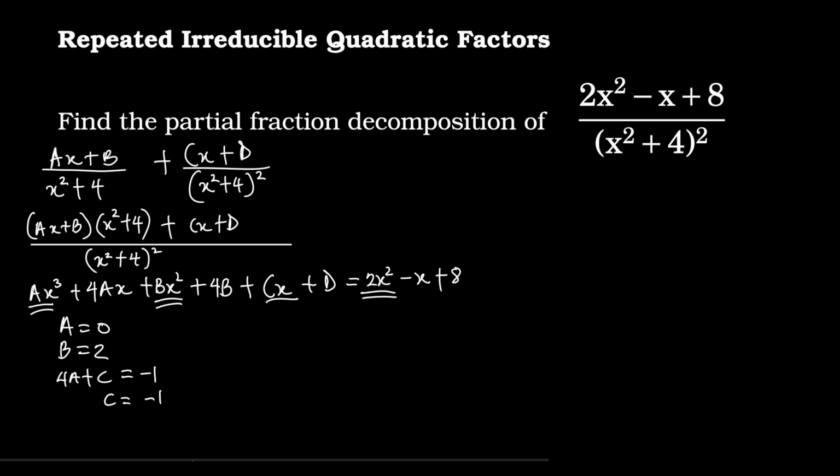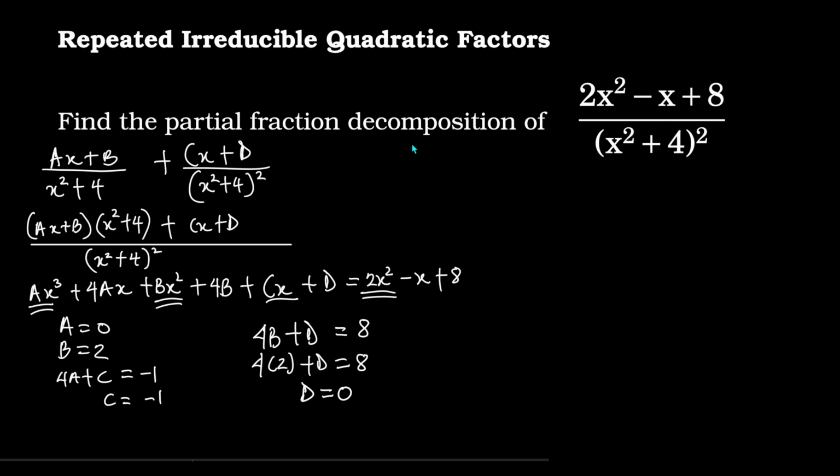And the last guy, which is the constant, is 4b plus d equals 8. Now b is 2, right? So we have 4 times 2 plus d equals 8. So ultimately d equals 0.